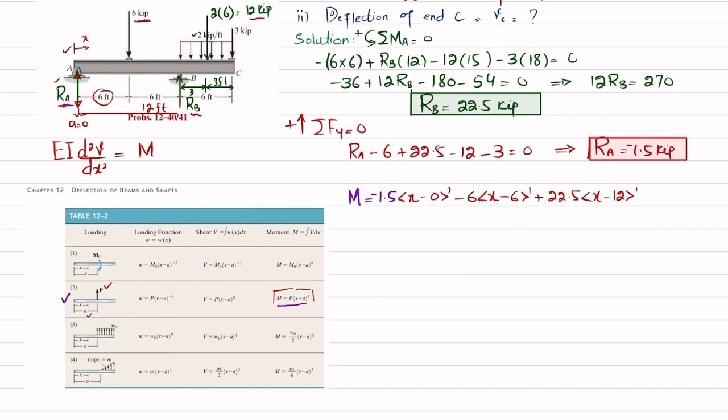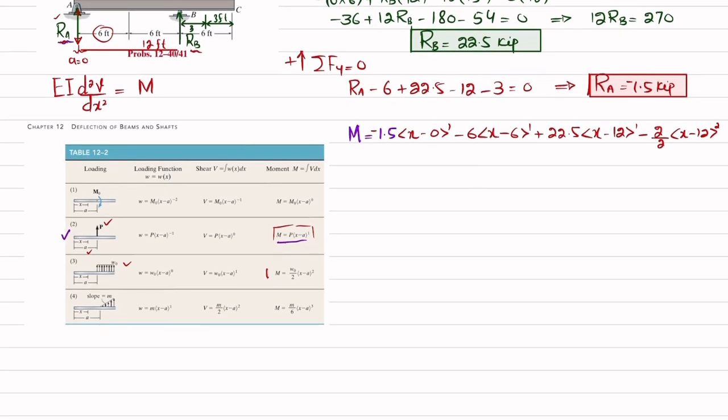So we will go toward this equation. You can see this is for the uniformly distributed load. This load is downward and this function is upward, so in our case it will be minus. So minus w naught is 2 kips, so 2 divided by 2 into x minus 12 power 2.